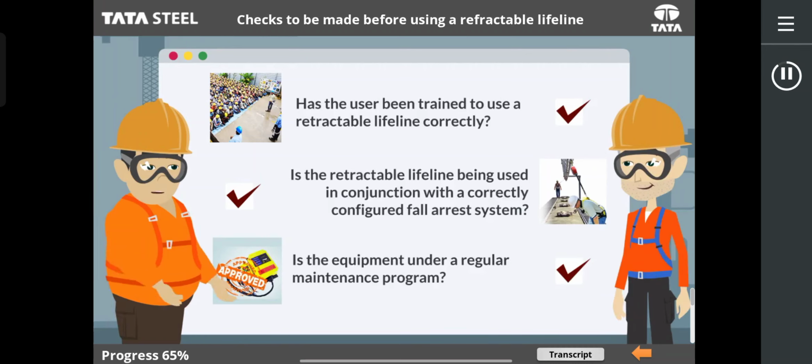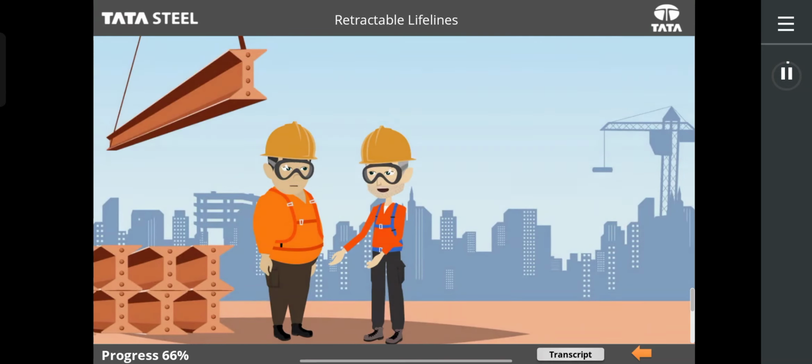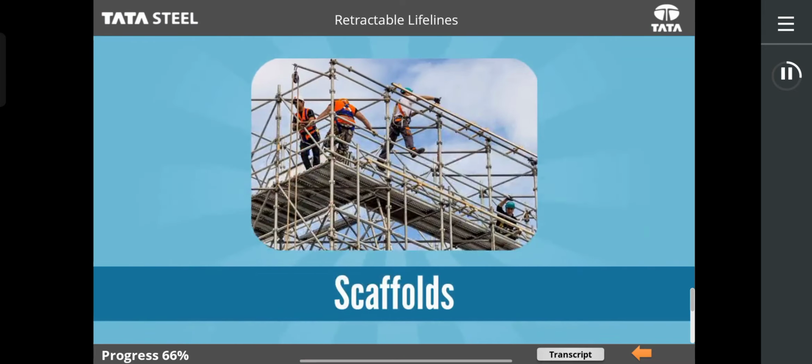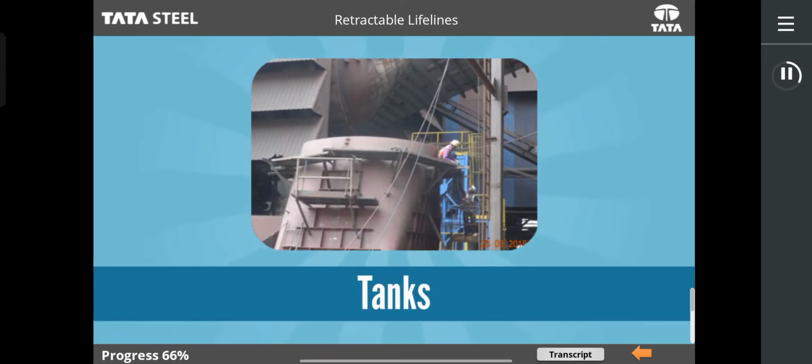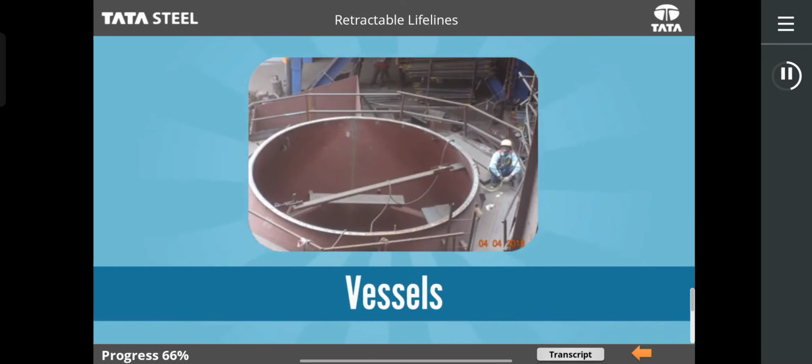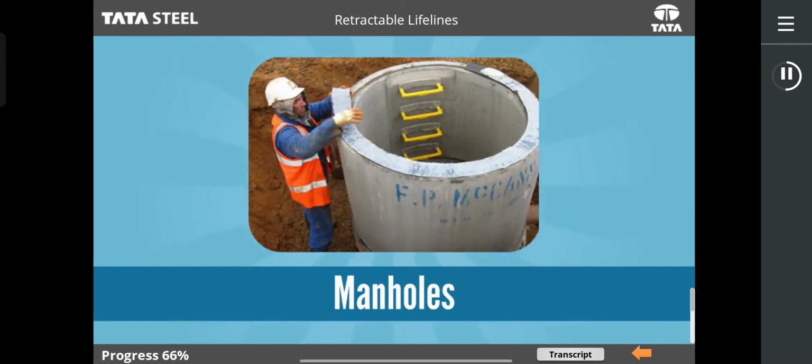Next, let us look at the situations where these should be used. Consider using retraceable lifelines when working in or on areas such as roofs, scaffolds, tanks, towers, vessels, and manholes.